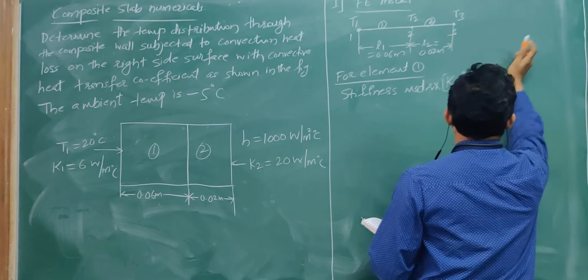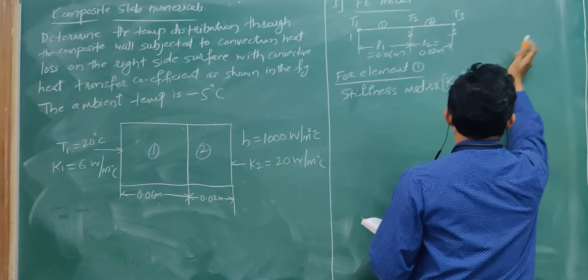So K into 1, length is 0.06, times the matrix [1 -1; -1 1]. After solving, I'll get 100, minus 100, minus 100 and plus 100. This is for T1, this is for T2, T1, T2.